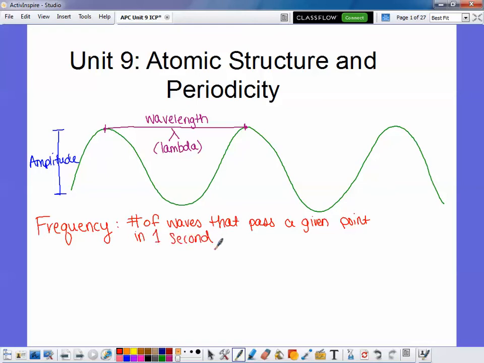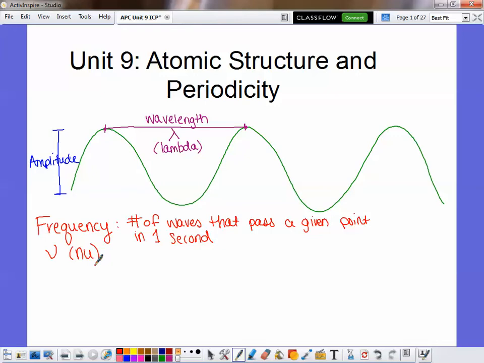Now, the symbol for frequency is also a Greek letter. Anyone know what it is? It's nu, which is a weird V-U thingy. Nu. Not to be confused with mu, which is the symbol we use for micro, which is a U with a weird tail.